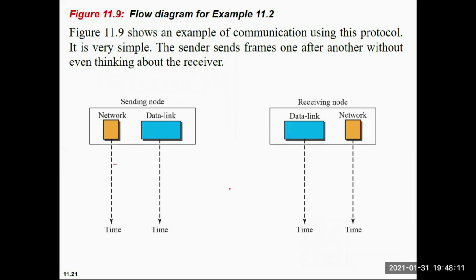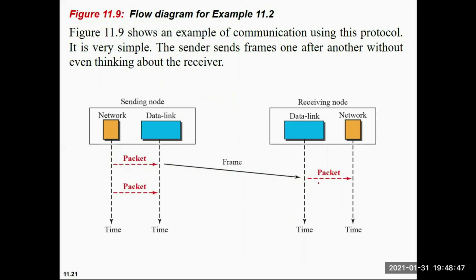And we will talk with respect to time. The first thing that happens is the network layer sends some packet to the data link layer. The data link layer will create a frame and push it to the receiver side. After getting that frame, the receiver will process it and retrieve the packet from that frame, and the same process will start again at the network side of the sender.